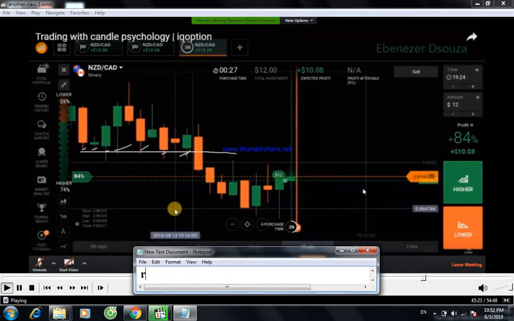So again it reversed. It means it may break this level, because you can see the market is moving with this trend line, right? In this range, so we can know this is a resistance level. It may reverse from this level.